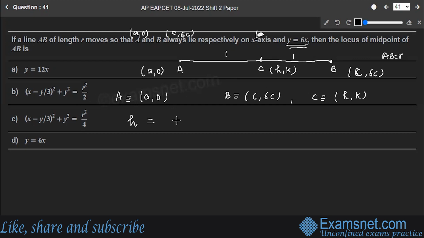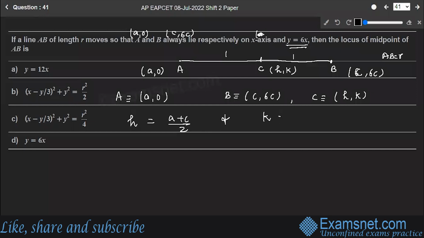Now, h is given by (a + c)/2, and k is equal to (0 + 6c)/2. Let this be equal to k. So you can say c is equal to k/3.